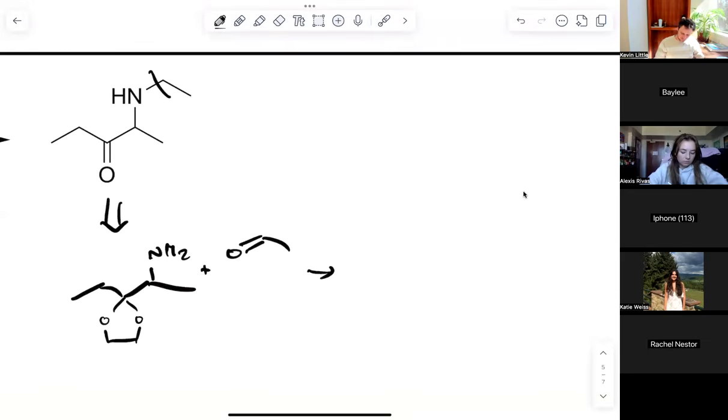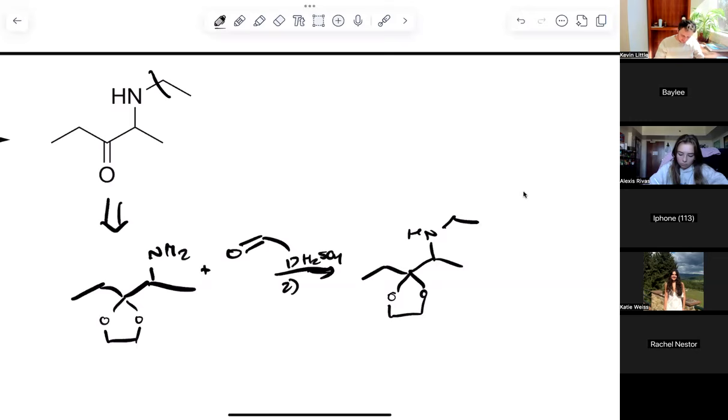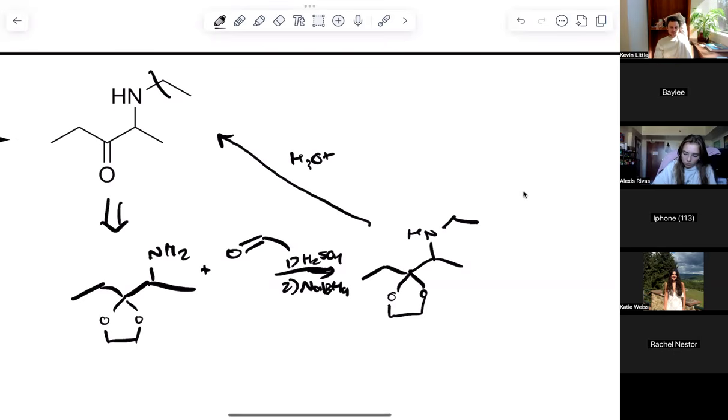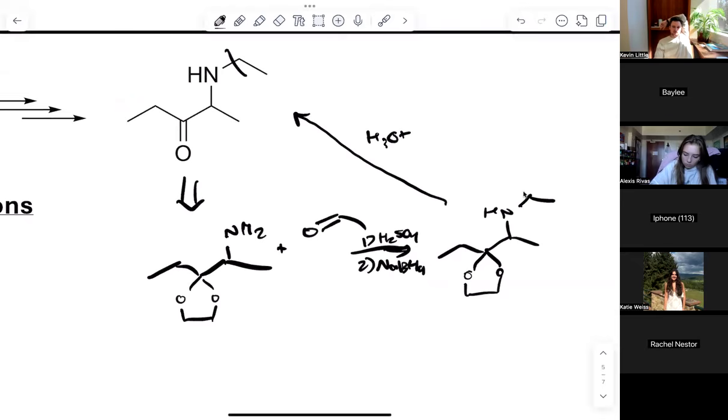So the product of this, the acid and the reducing agent, the reductive amination, will get me that product, which then I can deprotect that acetal using H3O plus.